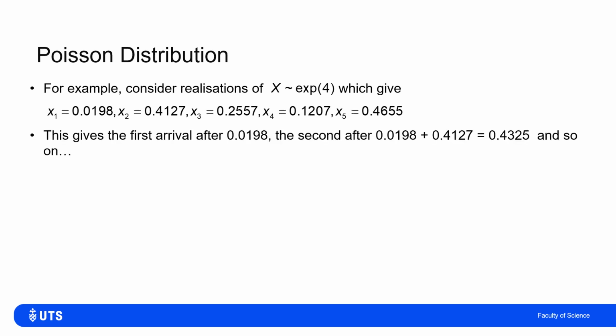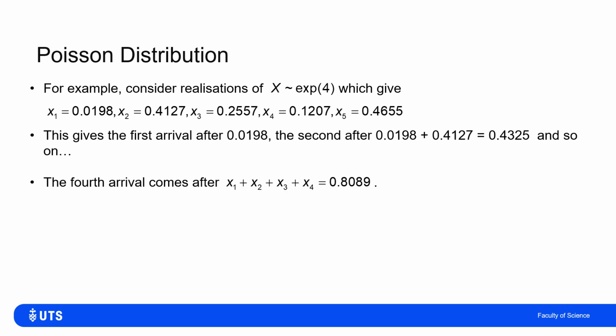If I think of this as a time between events scenario, the first event happened after time 0.0198. The next one happened at time 0.4127 after that. So if I add those up, 0.4325.